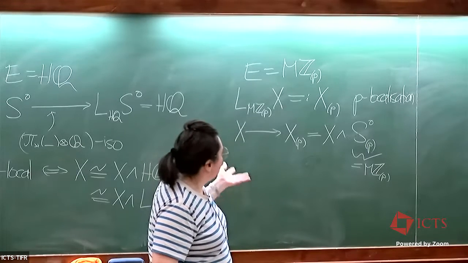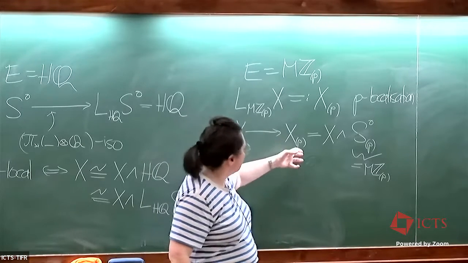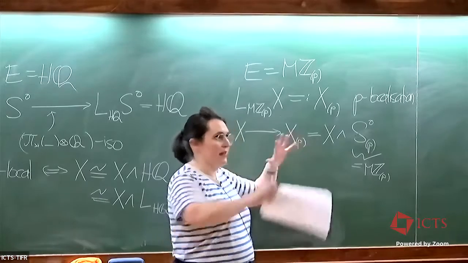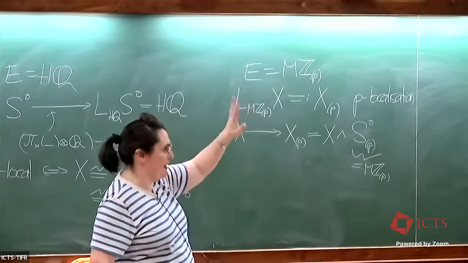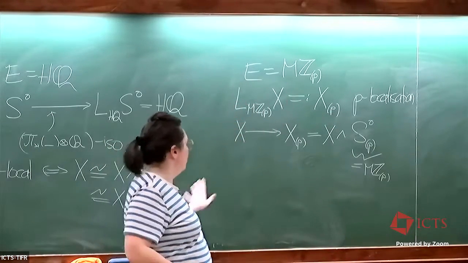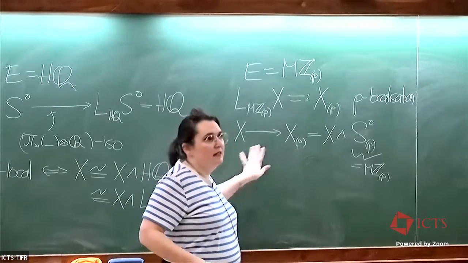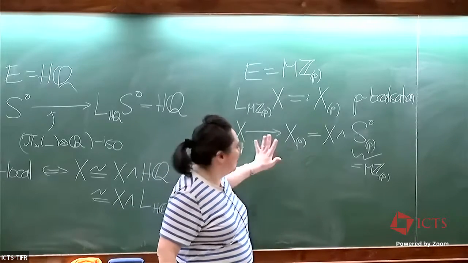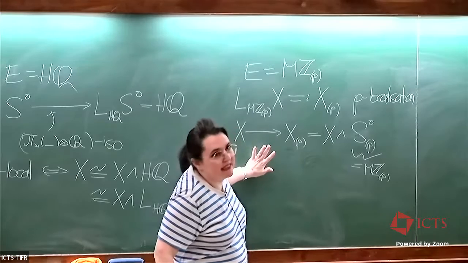You extract that by knowing that this thing has P local homotopy groups, and then you can put them into some arithmetic square and very, very cleverly deduce that this one must be a P local isomorphism. So that is entirely arithmetic.